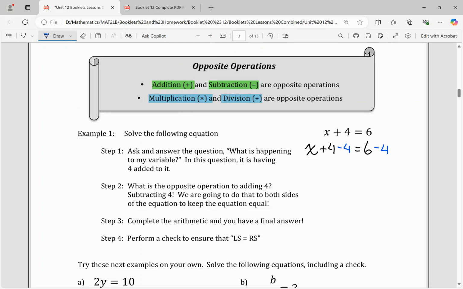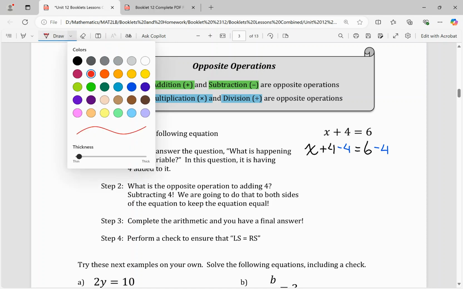I could have subtracted 10 or added 20 or divided by 3. But I picked subtracting 4 from both sides, and that's because I'm doing the opposite of what's happening to my variable. Since I'm adding 4 to my variable, the opposite is to subtract 4.